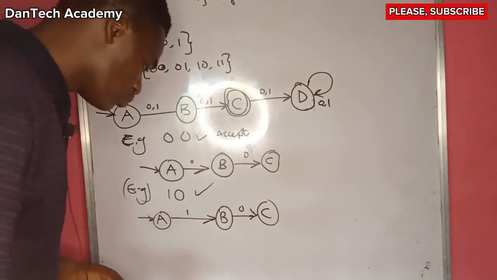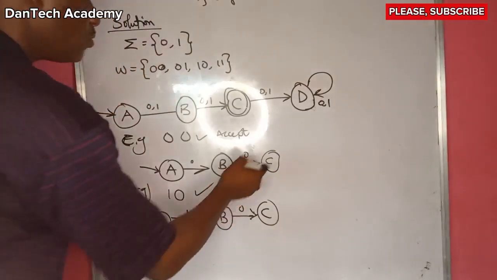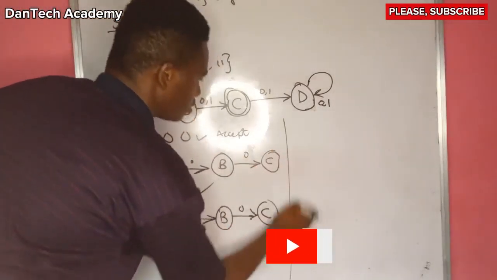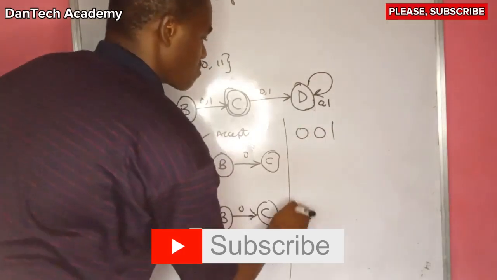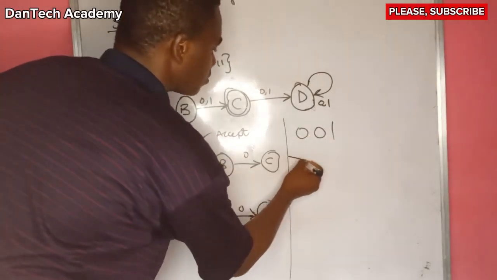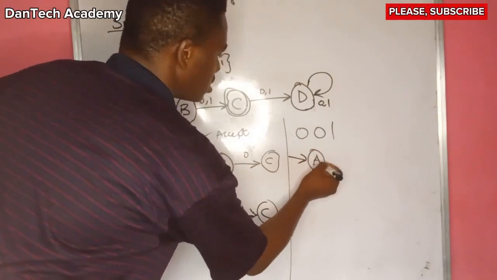So let us look at 0, 0, 1. So let's see 0, 0, 1. What happens? 0 enters.